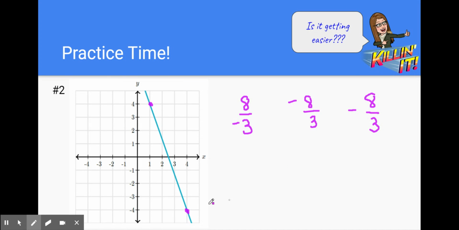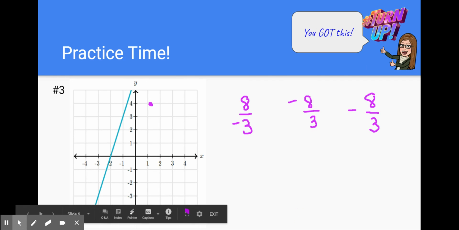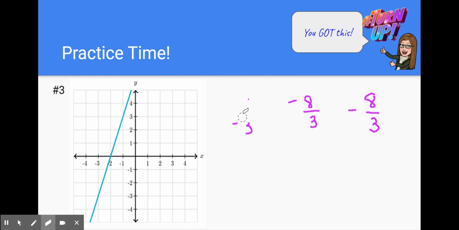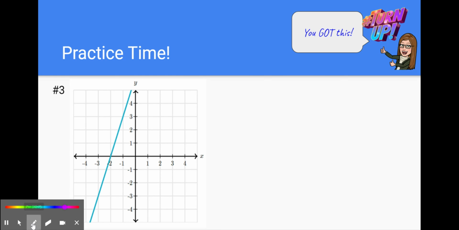How'd you do? All right, let's go ahead and do another example. Get rid of all those marks from before. All right, go ahead and mark 2 points on the line.